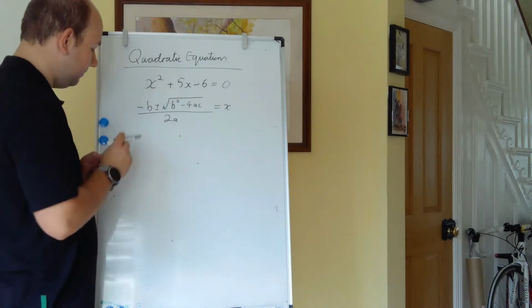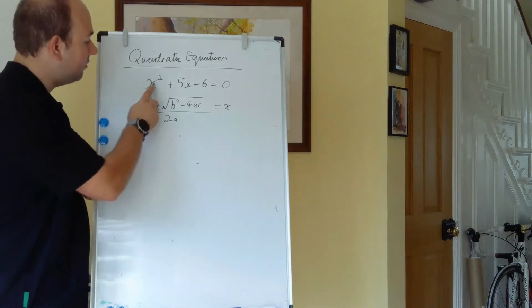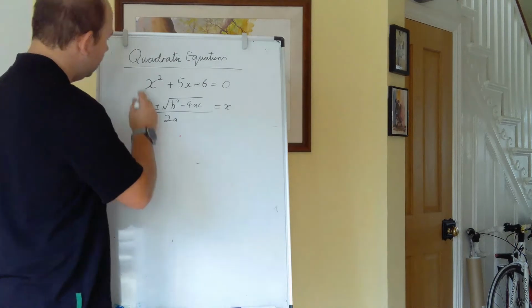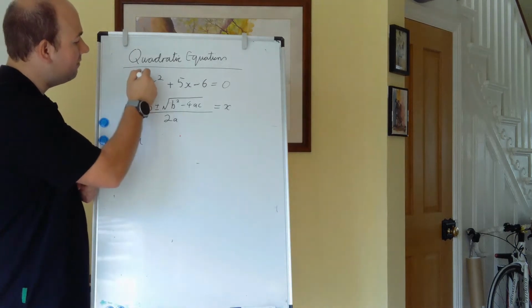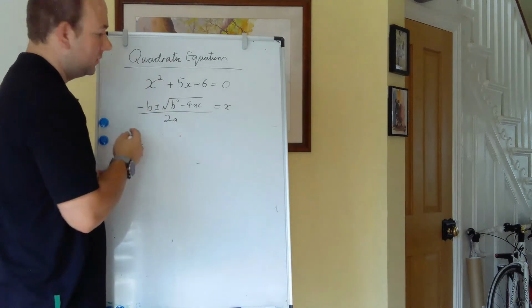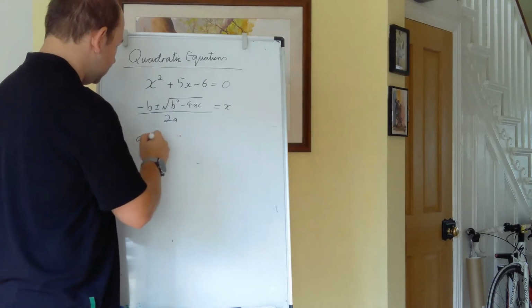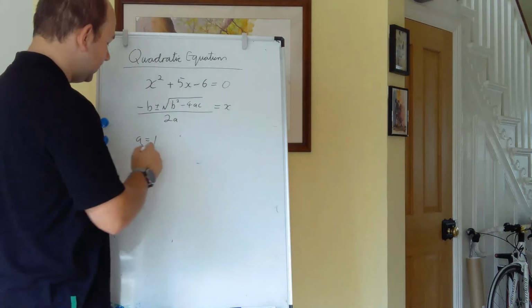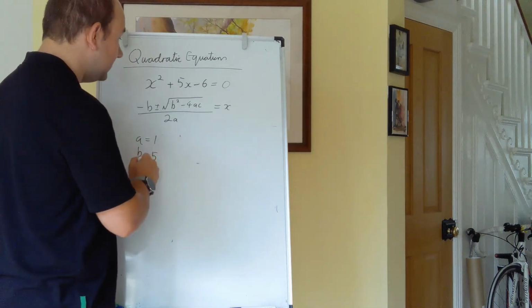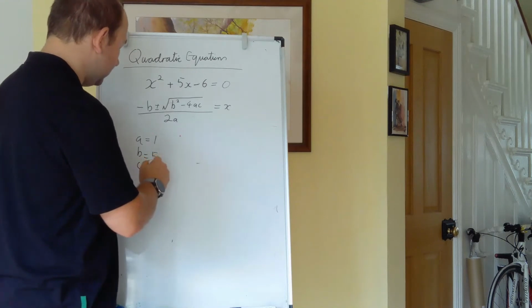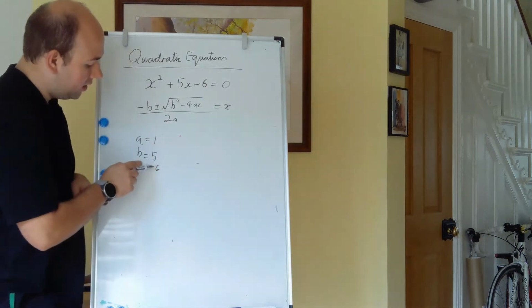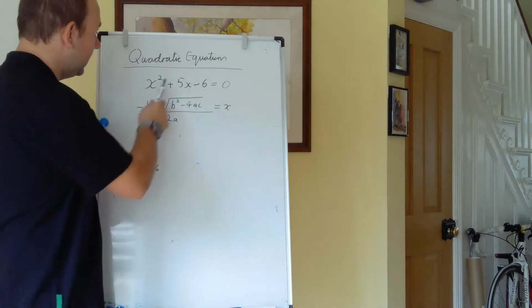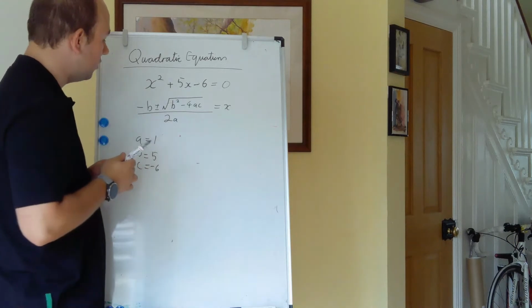So a is the coefficient in front of the x squared, and in this case a is going to be equal to 1 because the number in front of this x squared is 1. b is the coefficient in front of the x, so in this case it is 5, and c is the constant, which is minus 6. So the important thing to remember here is to also include the signs that come with each coefficient or constant.